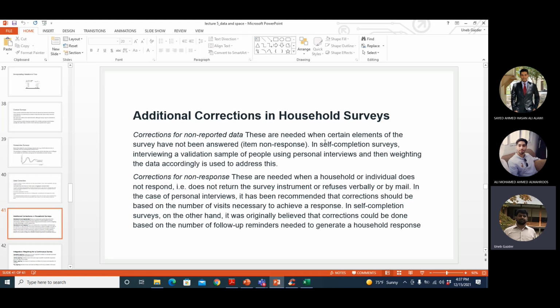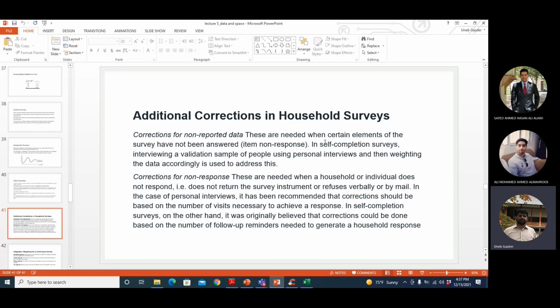If it happens in personal interviews, you were asking the questions yourself, but obviously you cannot force anybody to answer. If they say we do not want to answer, you just leave them. If it happened in interview surveys, then it is recommended that you apply corrections based on the number of visits necessary to achieve a response.